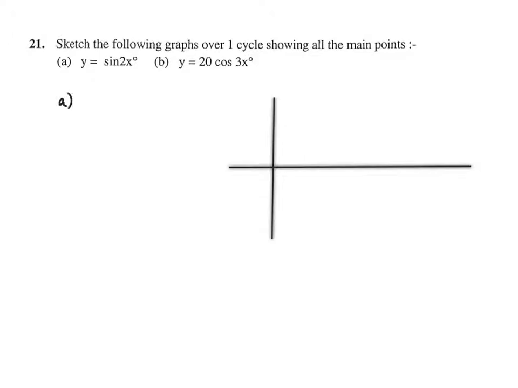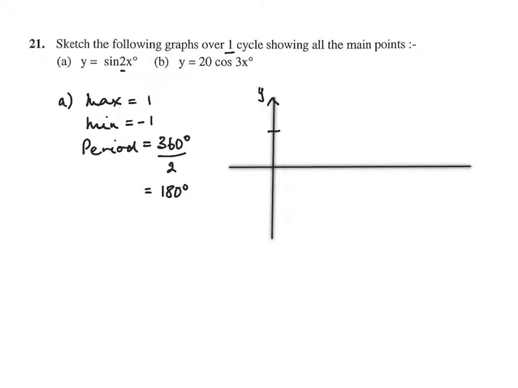Part A, well, we have a maximum of 1, and the minimum is -1, and the period is 360 degrees divided by 2, which is 180 degrees. Now we only want to draw one cycle of the graph, so I'll mark 1 and -1 on the axis.